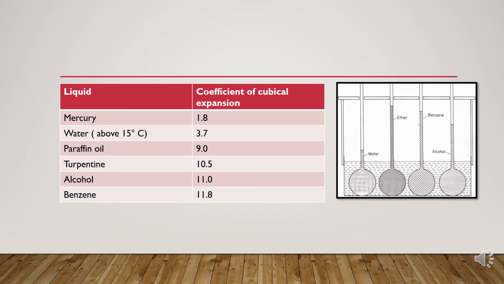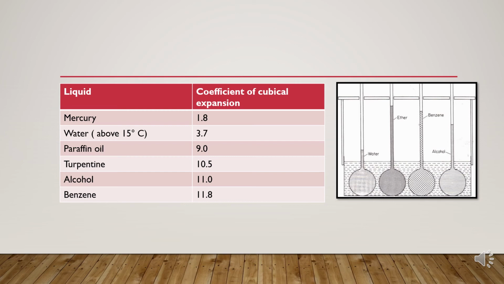Let me show you a table that is showing some values of coefficient of cubical expansion. You can see in this table that gamma for mercury is 1.8. The value of gamma for water is 3.7. So it's increasing. Let's move to the second last, that is alcohol. Alcohol has a higher value of coefficient of cubical expansion, that is 11.